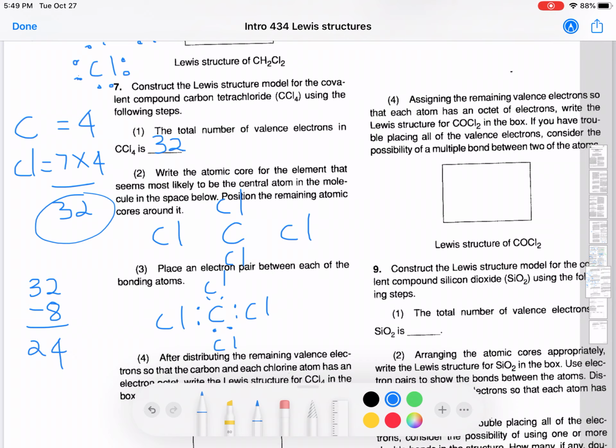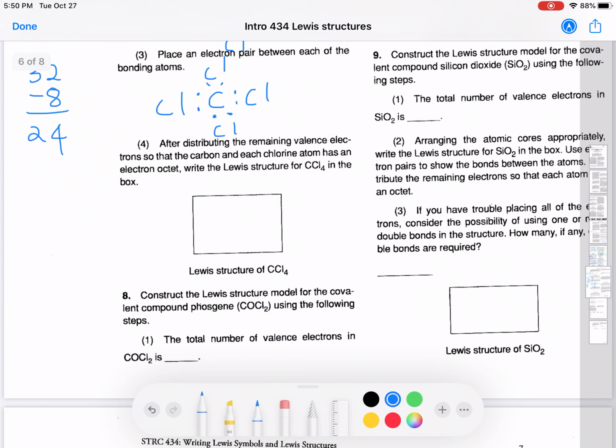Now we're going to distribute these 24 electrons on the terminal atoms, giving each of them an octet. Since I don't have enough space in the box, I'm going to write it outside. I can put carbon in the center, chlorine, and then 24 electrons are left.